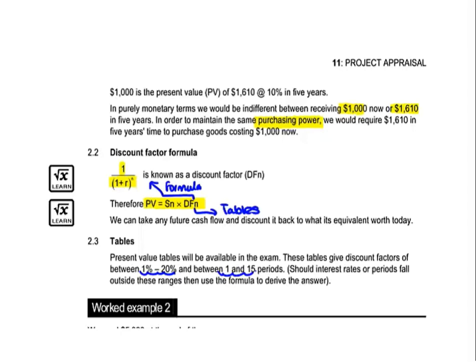And because they have already been calculated in the exam, it makes more sense to use the tables. If it falls outside of those ranges, then obviously you'll need to use the formula to calculate it, which is why we show you both.